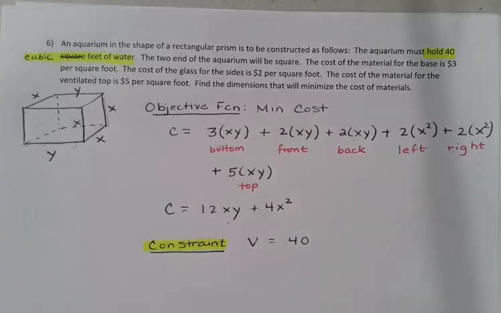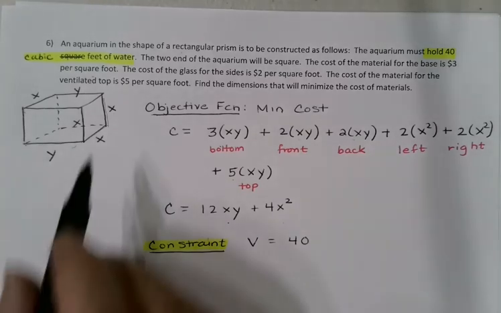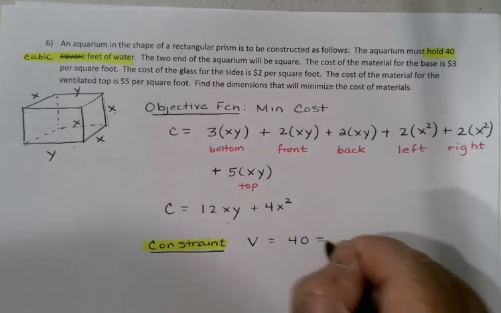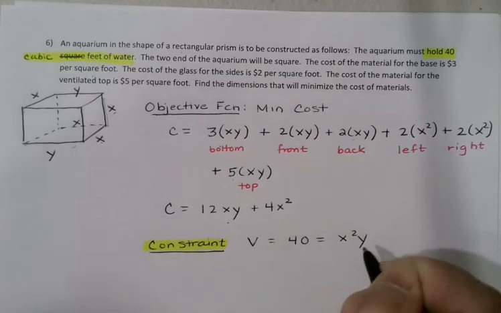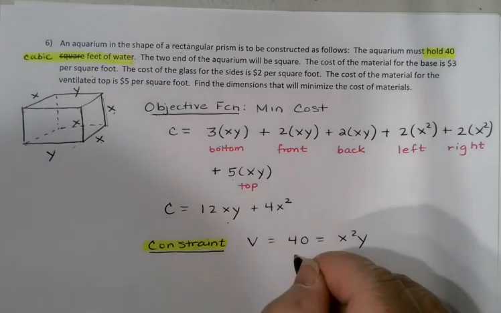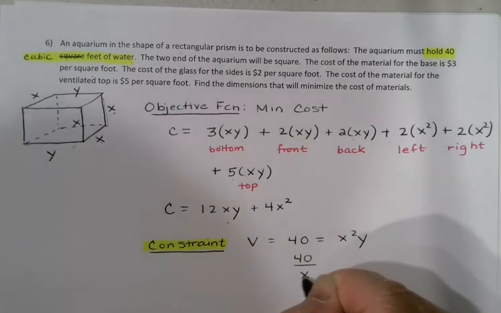And the volume is length times width times height. So that would be x times x times y, or x squared times y. And I could certainly solve for y here. Y would be 40 over x squared.